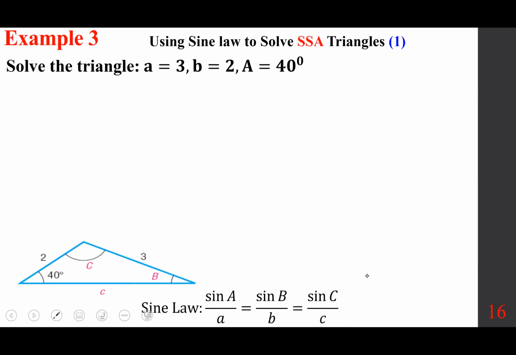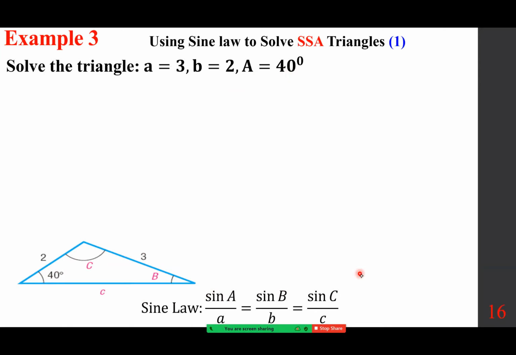Let's start with this case. We want to solve the triangle where A is 3, B is 2, A is 40 degrees. So obviously we can use the sine law, and only one angle is given. So that angle and the opposite side must be given.